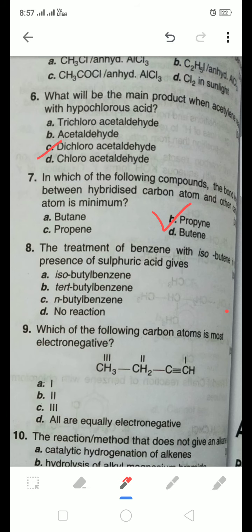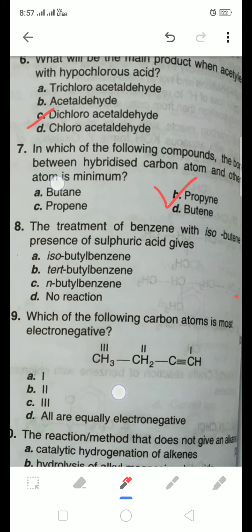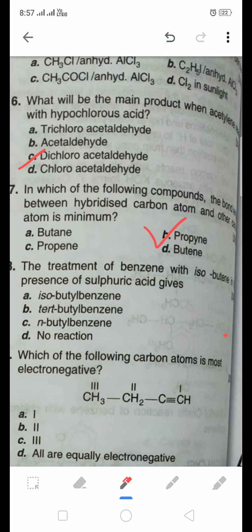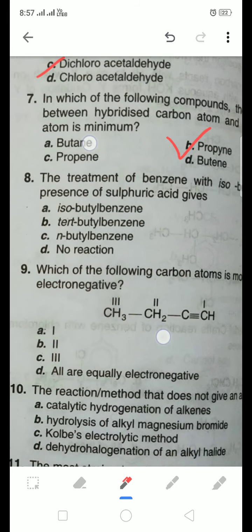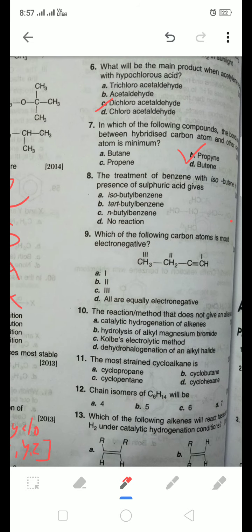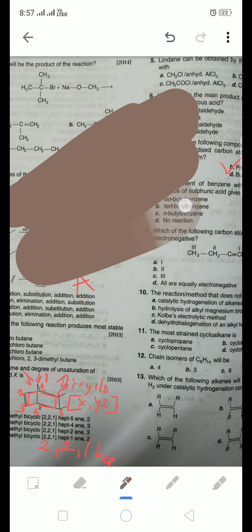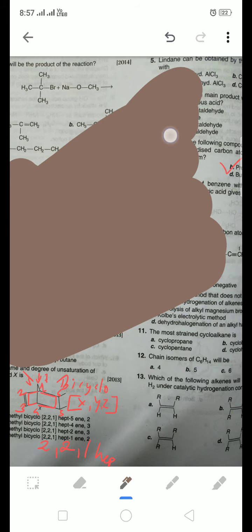Now, the treatment of benzene with isobutene in the presence of sulfuric acid gives what? For this you definitely need to draw the diagram. We have to react isobutene with benzene.